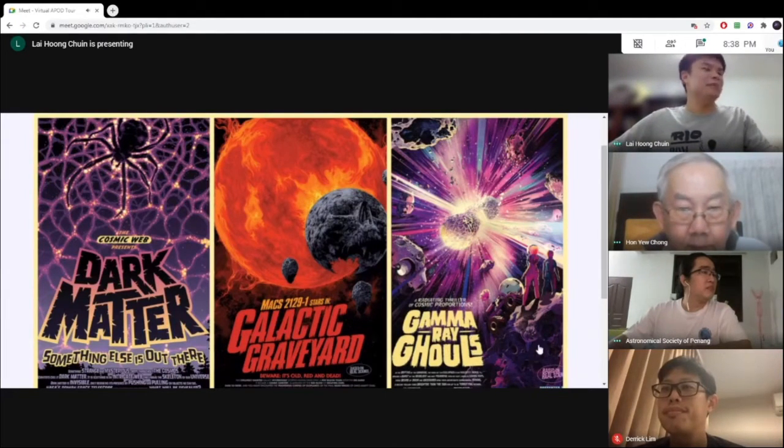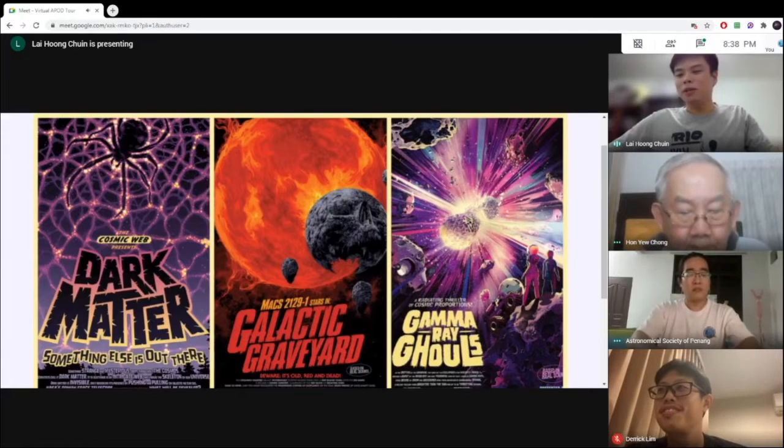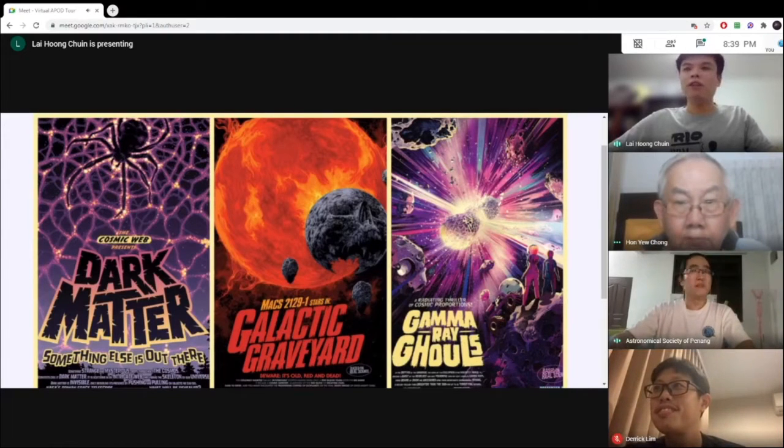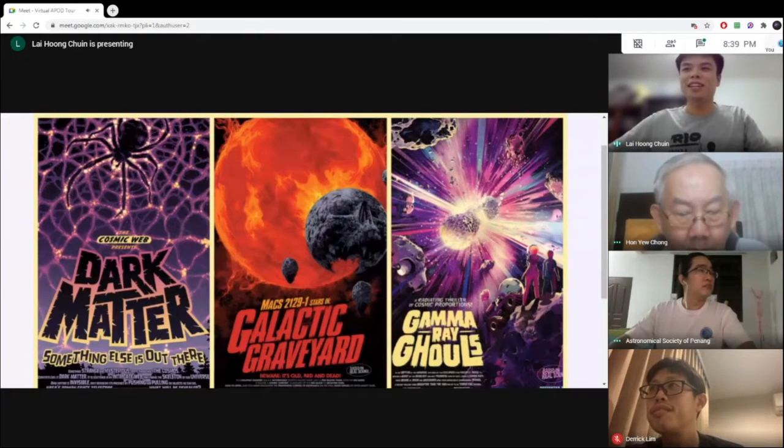And the third one is about gamma rays. Gamma rays are also quite related to Halloween. Why? Because one of the sources of gamma rays is from neutron stars and from pulsars. Pulsars give out gamma rays. So we know that pulsars and neutron stars are actually the remains of big stars or giant stars.